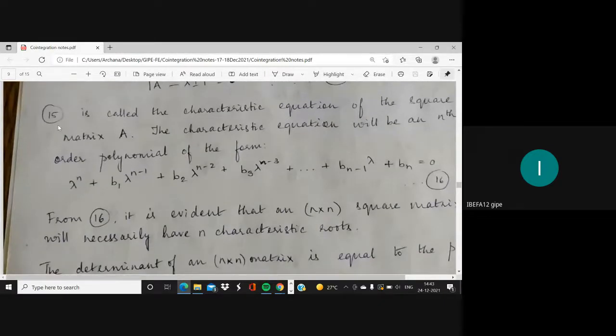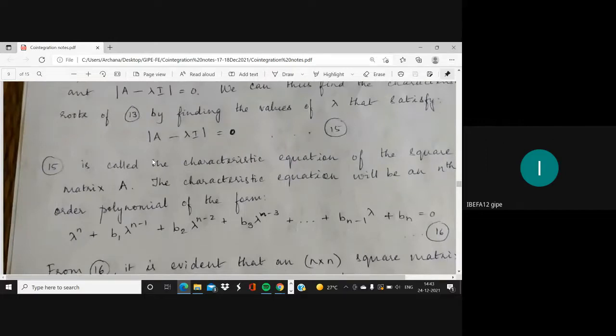So here, if you look at this equation, equation 15 is called the characteristic equation of the square matrix A. If you remember, even for difference equations, when we are finding the solution to a difference equation, there also we had a characteristic equation.